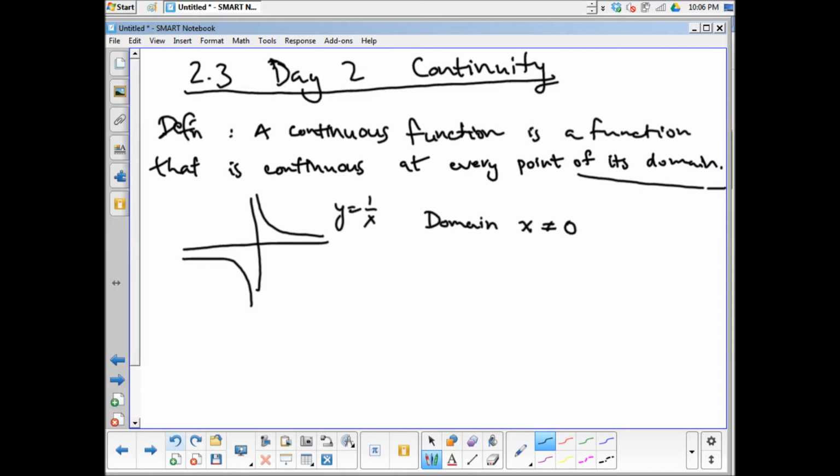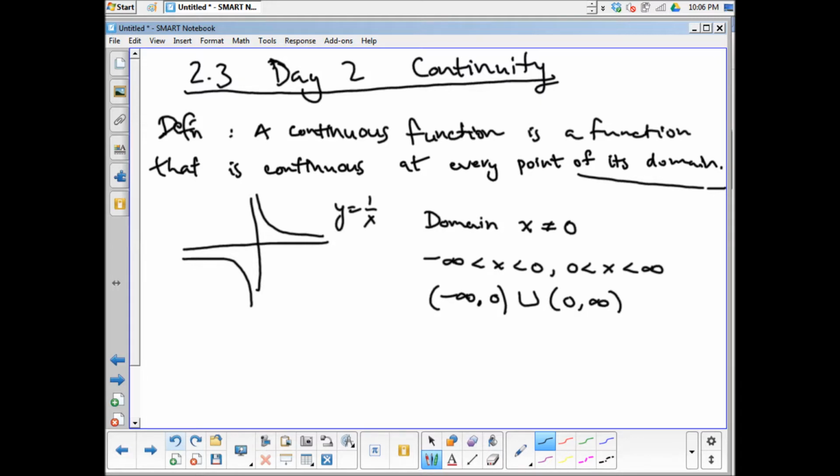It's all real numbers except x equals 0, which we can also write as all negative real numbers up to 0, and from 0 to infinity, or as negative infinity, comma 0, and 0, comma infinity. These are all ways of writing the domain.